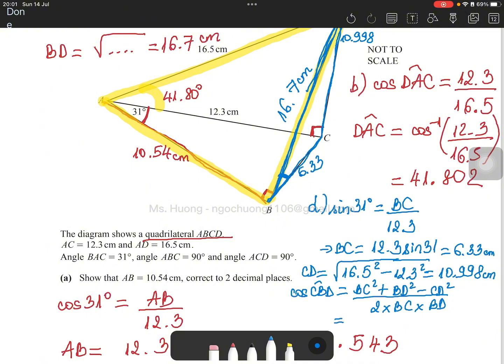BC is equal to 6.33 and BD is 16.7. CD is 10.998.